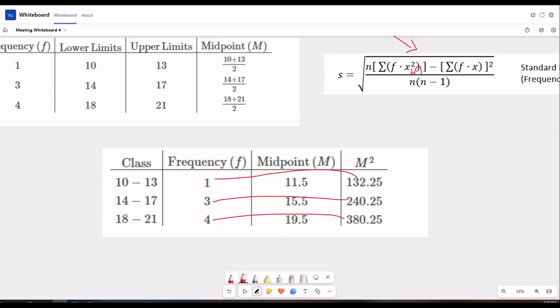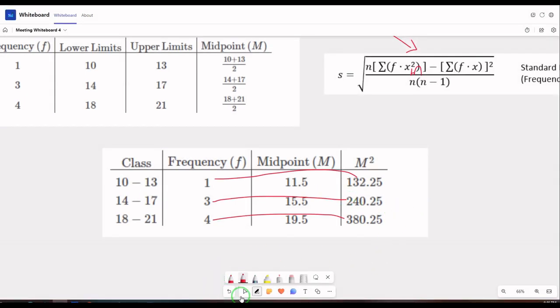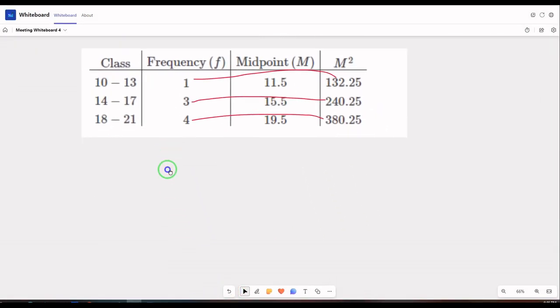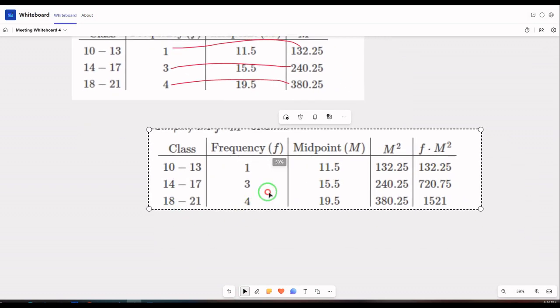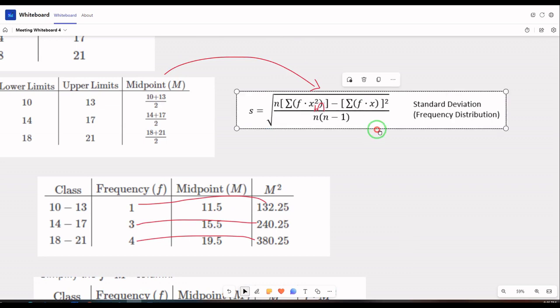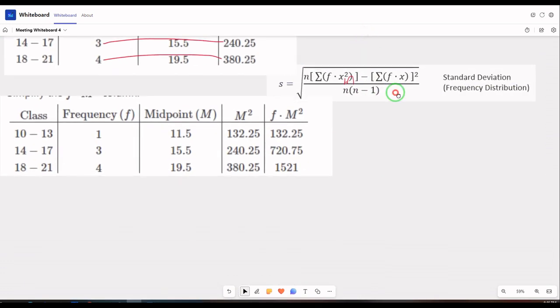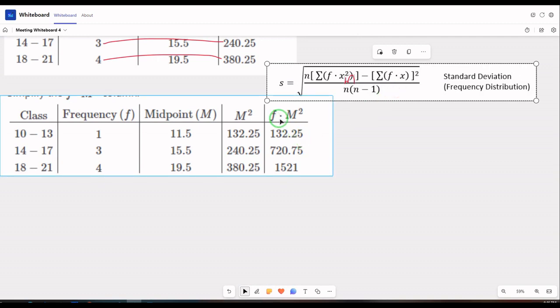Okay, so if you do the same thing and actually simplify the result, you will come up with this one. Okay, let me bring down this formula because I want you to see how I do each step. So now f multiplied by x to the power 2 is calculated.